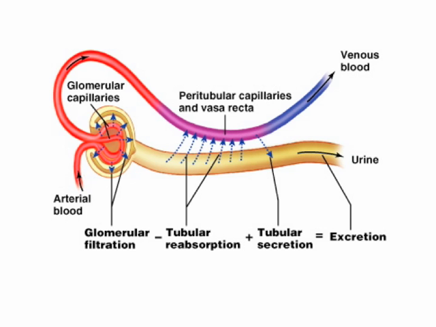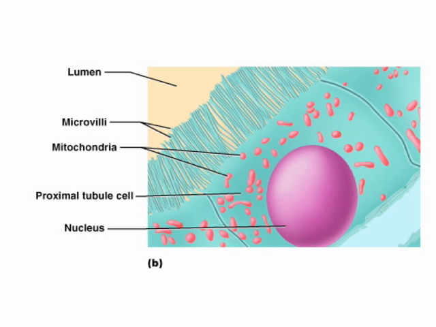So taking a look at this picture, you can see the tubular reabsorption then is going to be moving from the kidney tubule into the capillaries. This just shows you what the cells of that proximal tubule would look like with the microvilli on their surface so that they can increase surface area for absorption.